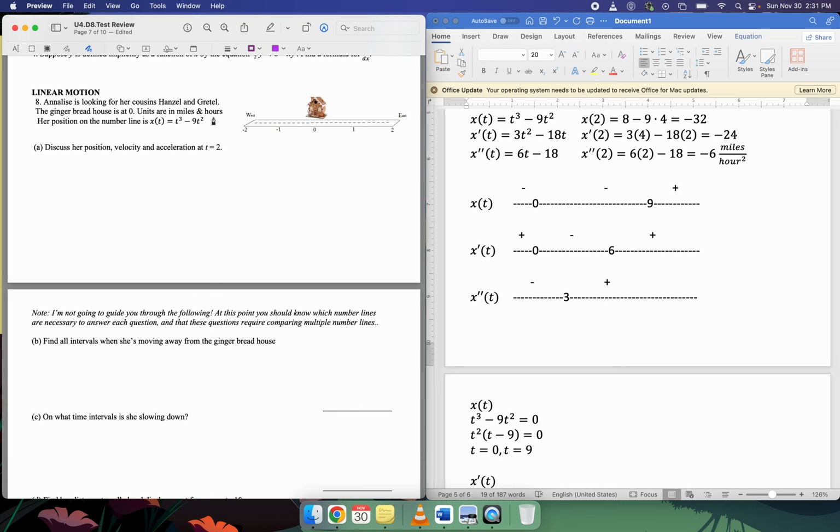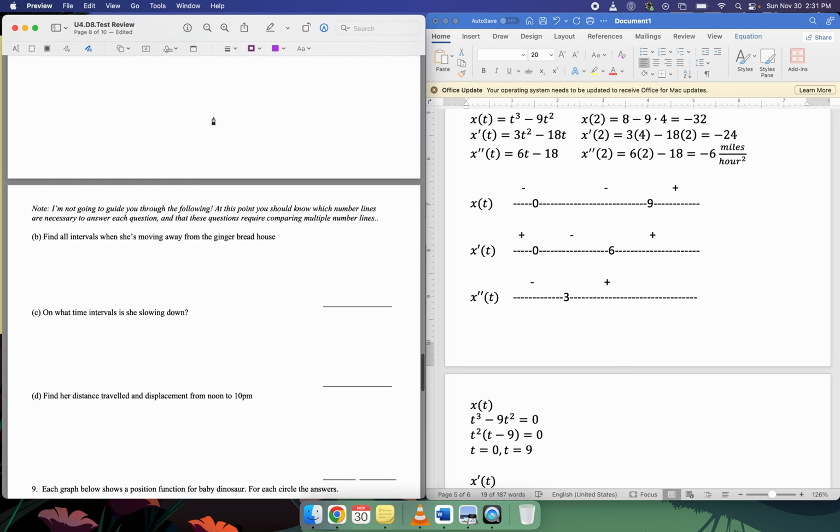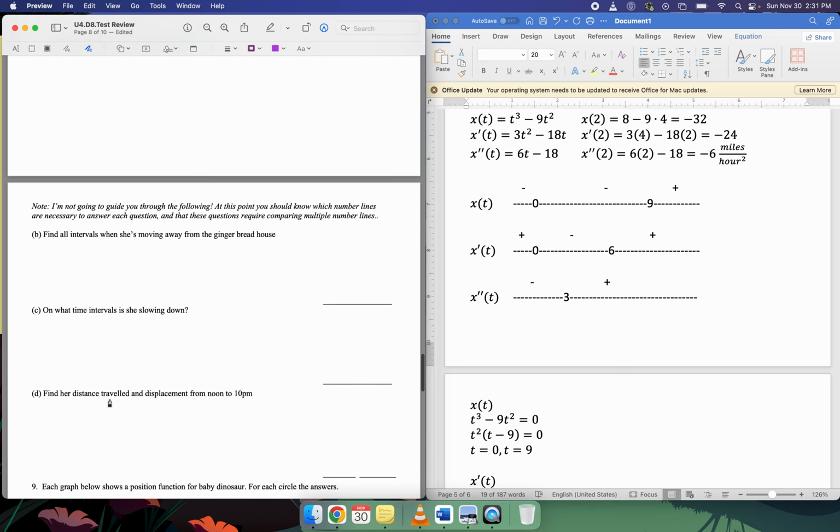It doesn't say, and it really should, because when it comes time to find our distance traveled and displacement from noon to 10 p.m., how do we represent 10 p.m.? Does that correspond to t equals 10 because it's 10 hours past noon? Or does that correspond to t equals 22 because that's 22 hours past midnight?